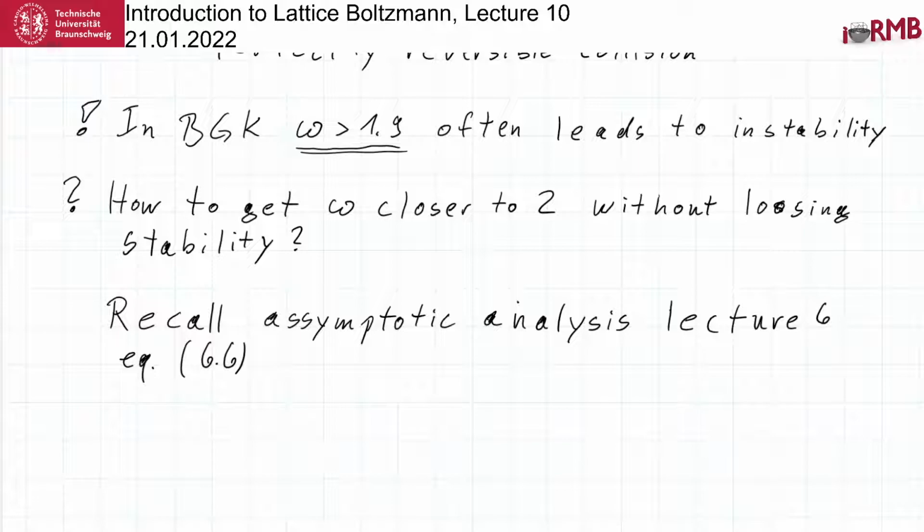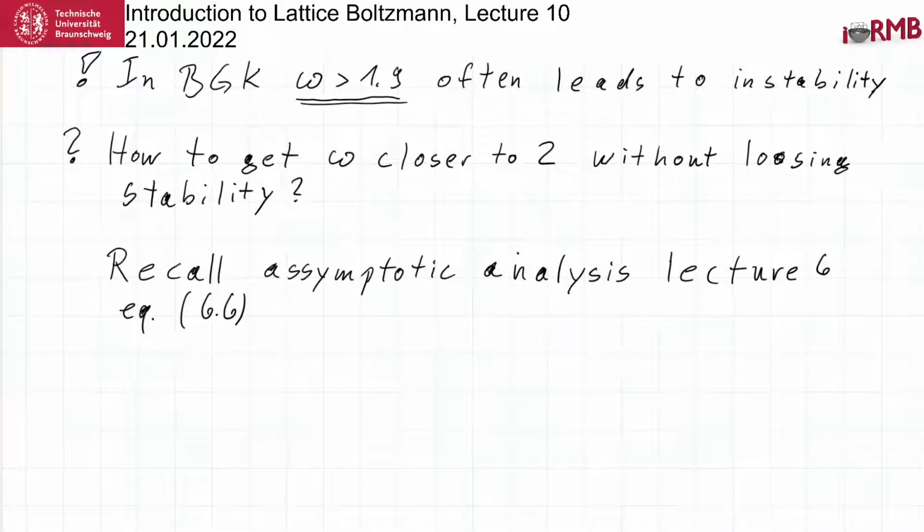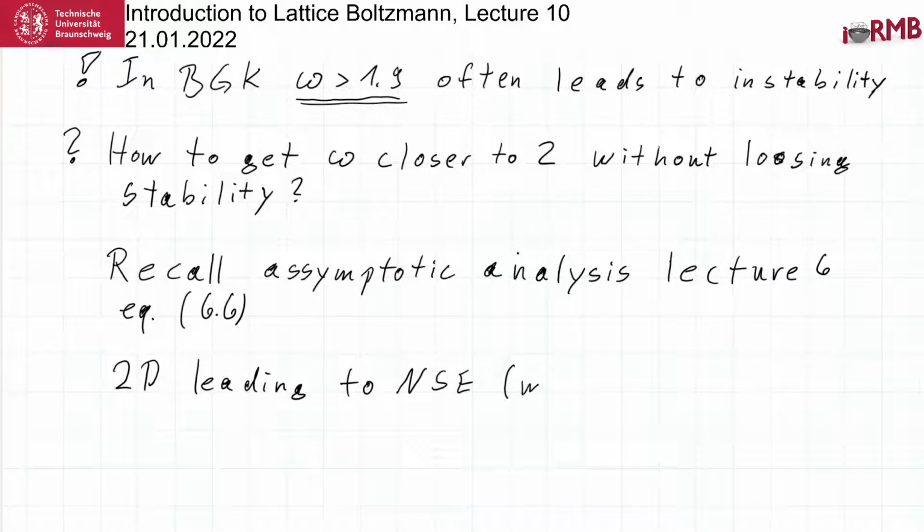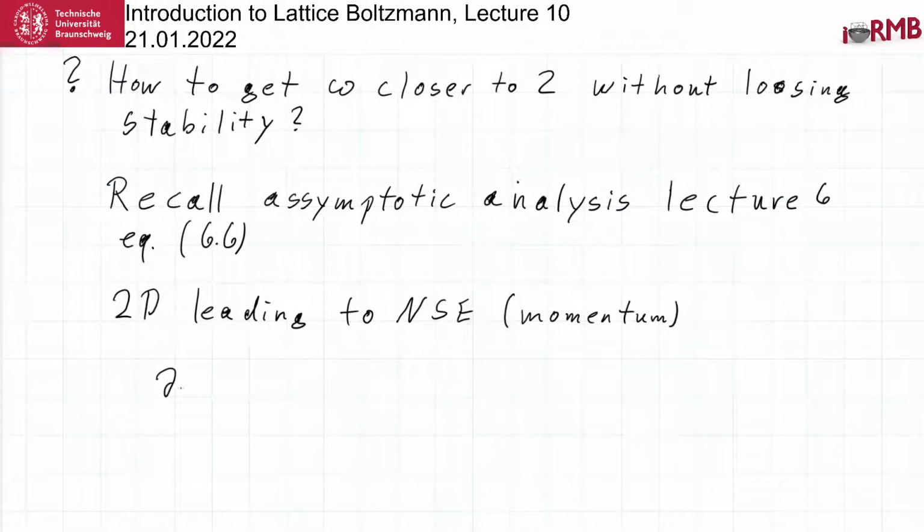So you can look this up later if you want. So in this equation, we talked about the 2D case, and it was leading to the Navier-Stokes equation. So it was one step before we arrived at the Navier-Stokes equation for the momentum. So this equation, basically, it is the Navier-Stokes equation. We just didn't put everything into it yet.